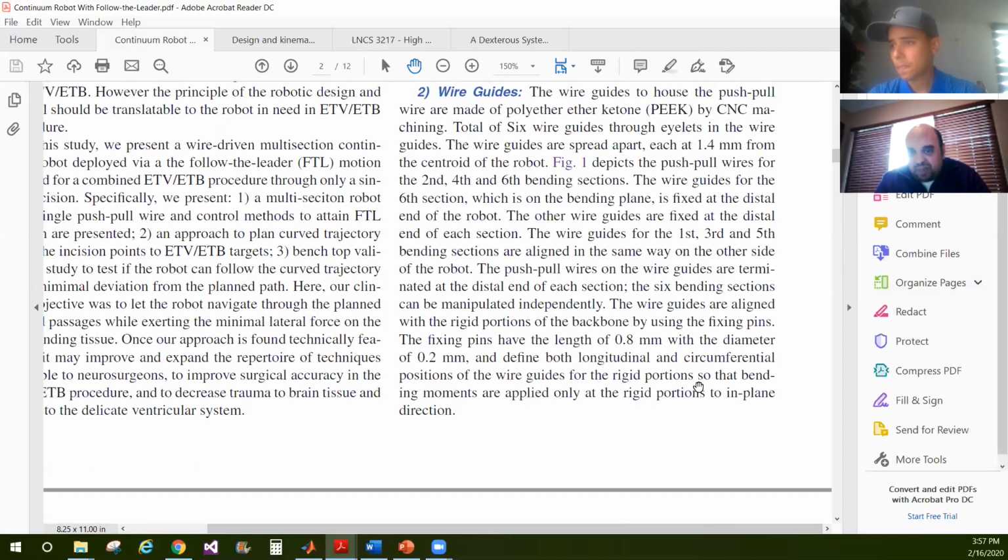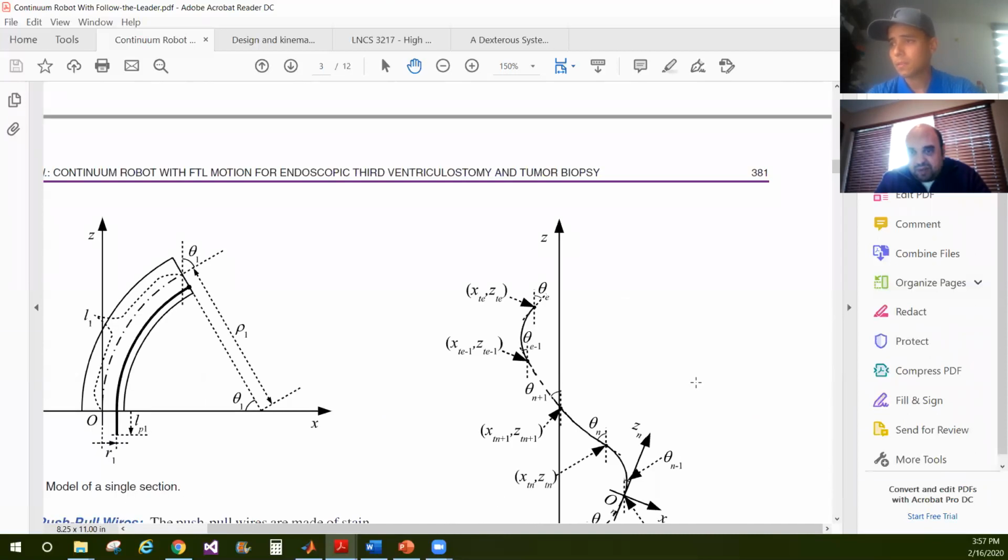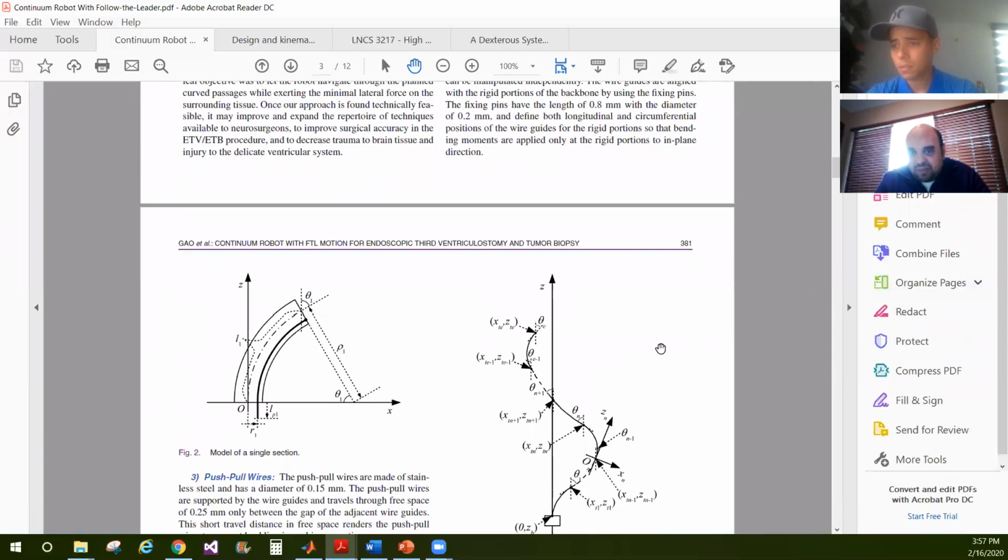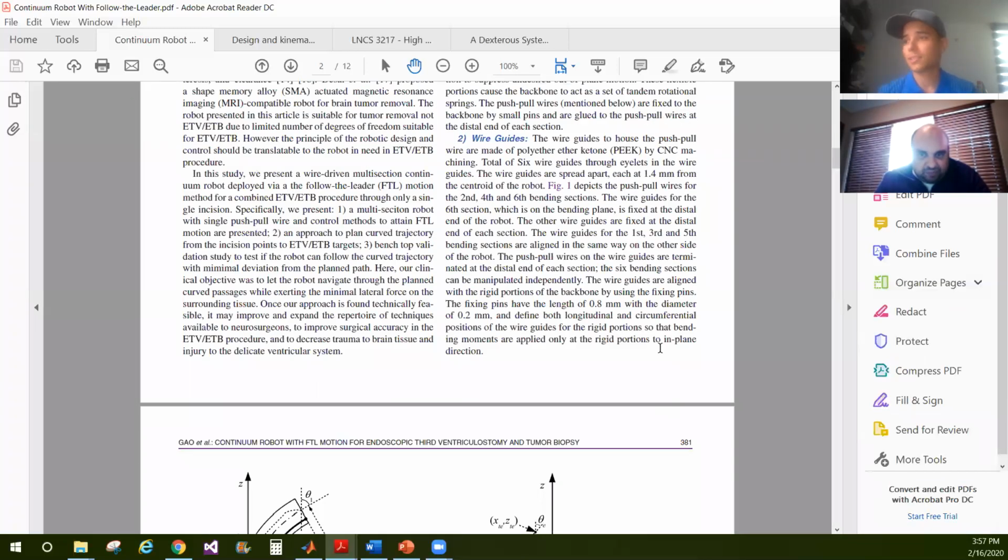Bending moments are applied only. I think that is what it is. Yeah.